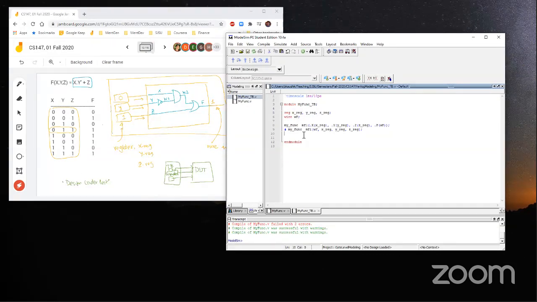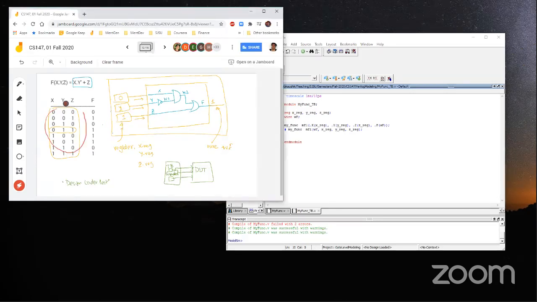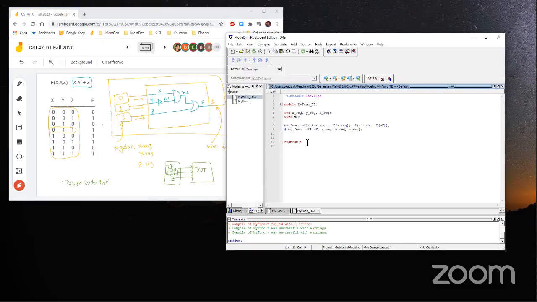Now, what we'll do, we'll try to mimic or supply these set of values into that system. Okay. So how do we do it?